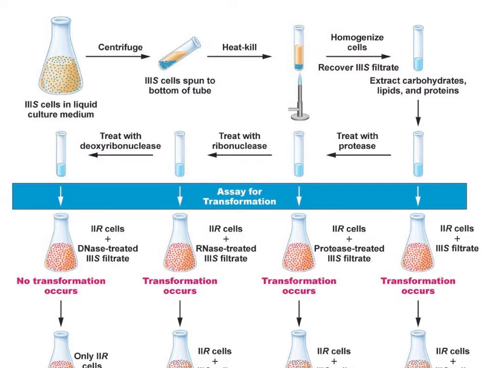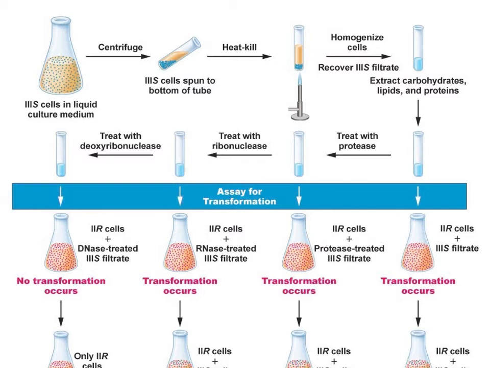So we're going to cover two. This first one by Avery, McLeod, and McCarty took this very same virulent 3S strain and spun down some liquid culture. We talked about how these pathogens, these bacteria, could be grown in liquid culture, spin it down, and they just cook it for a bit to kill them, okay, just like Griffith had. Then they homogenize the cells, and they just get basically all of the essence out of these cells, none of the liquid broth that was in the tube.